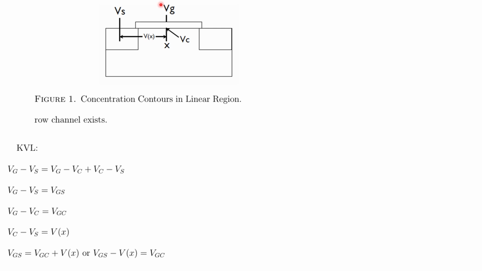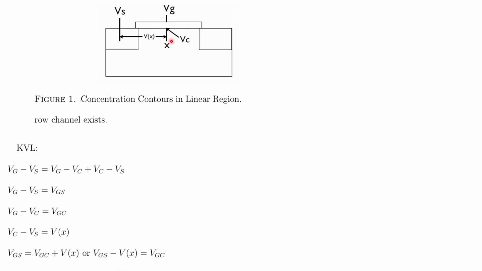The voltage that we apply across the gate and source is VGS, and another voltage we apply from drain to source. So let's find out the capacitance. From here we can write VGC plus Vx, or VGC we can write as VGS minus Vx.